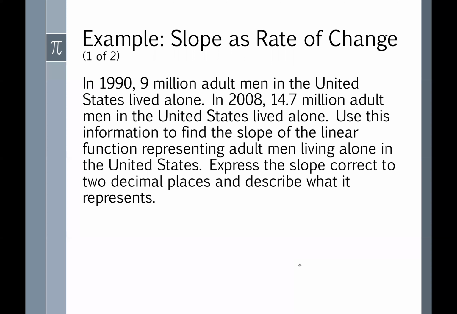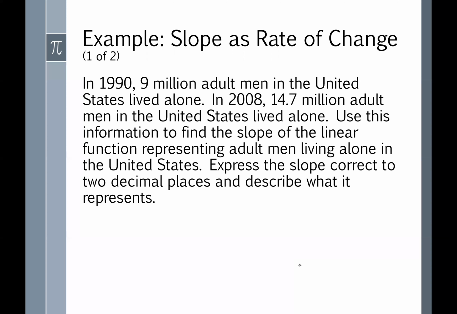In 2008, 14.7 million adult men in the United States lived alone. Use this information to find the slope of the linear function. So we're assuming that this is a line representing adult men living alone in the United States. Express the slope correct to 2 decimal places and describe what it represents.